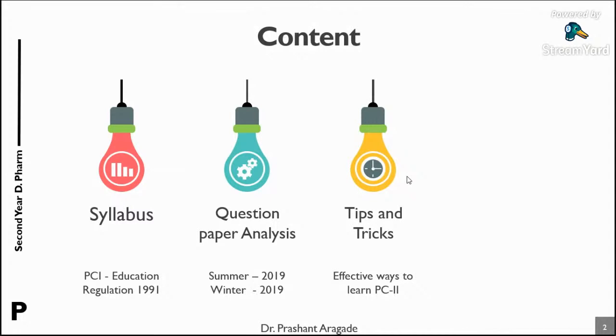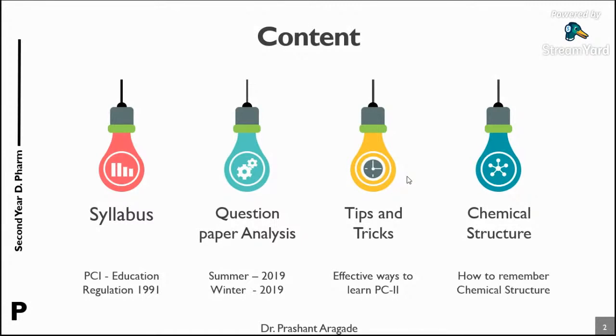Then we will discuss some tips and tricks for the study of pharmaceutical chemistry-II, such as how to prepare our own notes. The last session is on how to remember chemical structures, because chemical structure is a very important part of this subject.